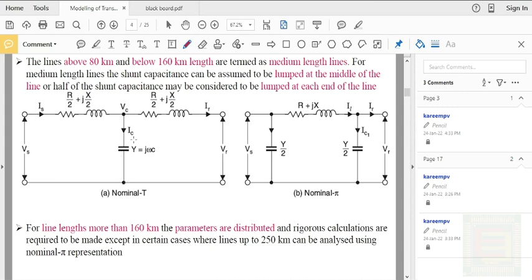Here this is the whole capacitance of the transmission line in terms of its impedance or admittance.